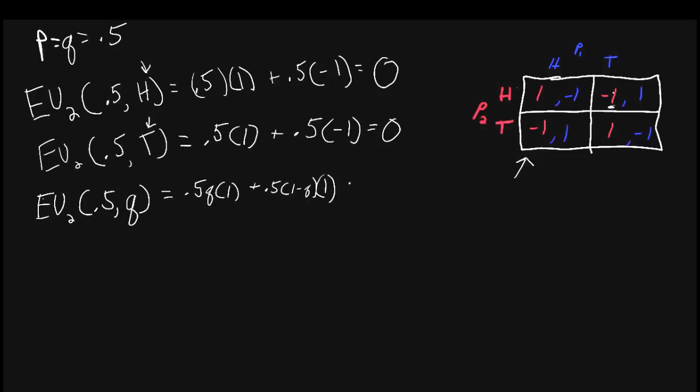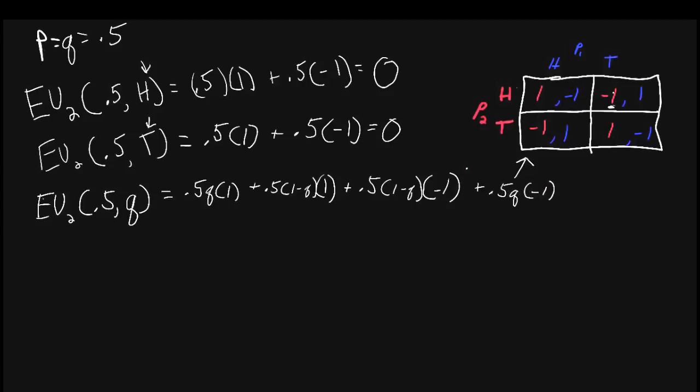He'll get 1. We can keep going here. So half the time, player 1 will play heads and player 2 will play tails, and he'll get a payoff of -1.